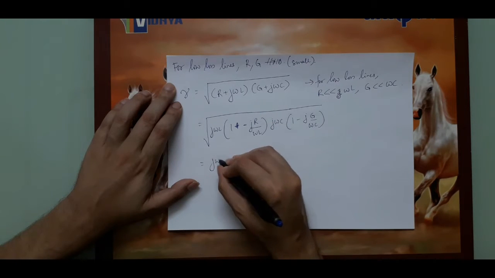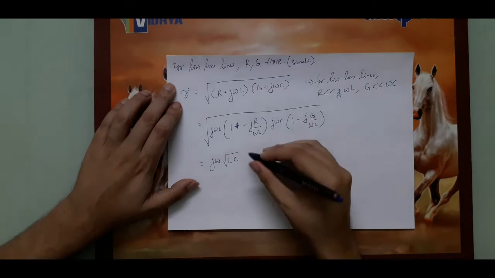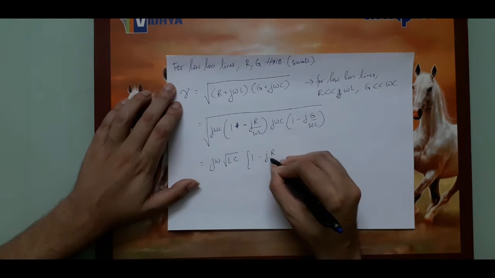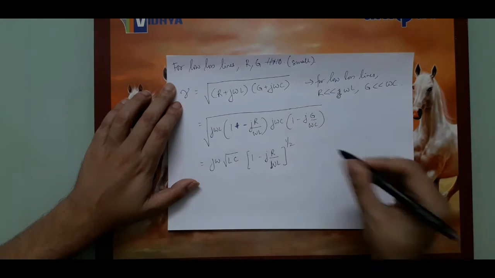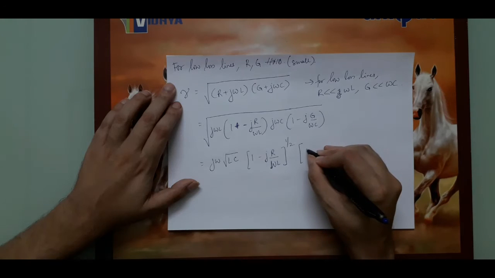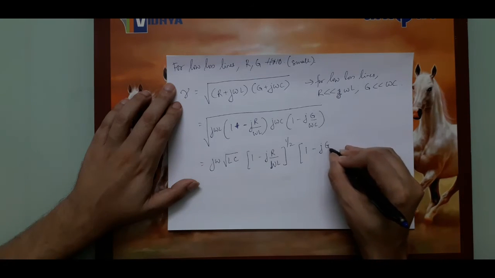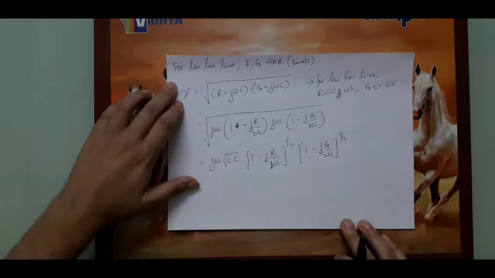So this will be j omega under root LC times 1 minus jR by omega L raised to half times 1 minus jG by omega C raised to half.